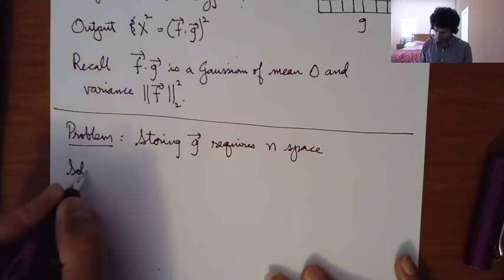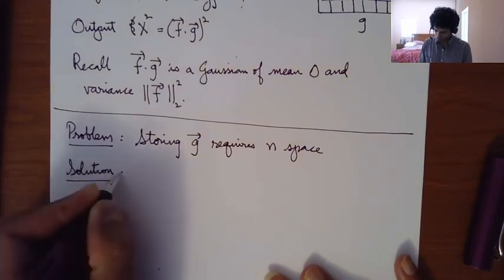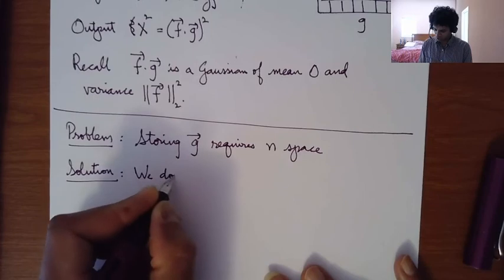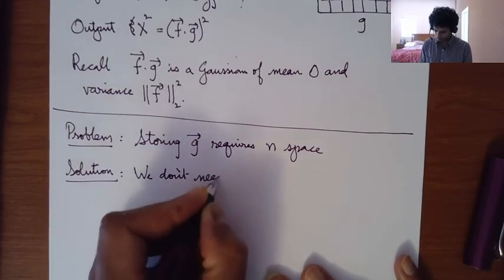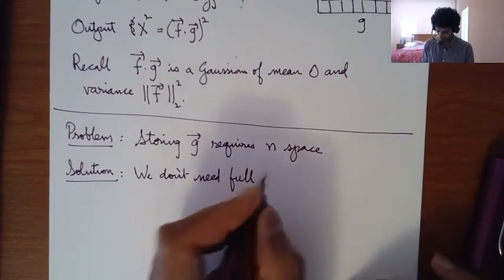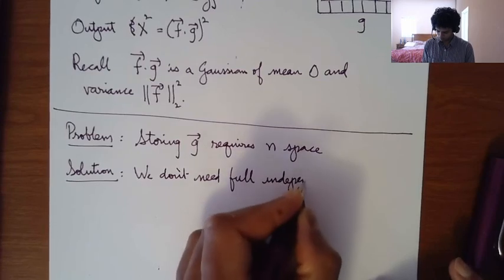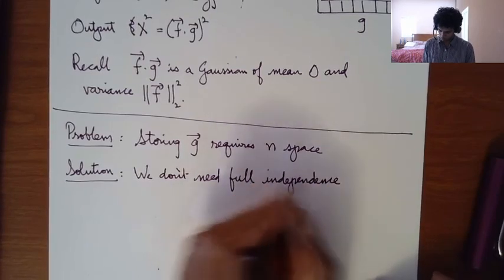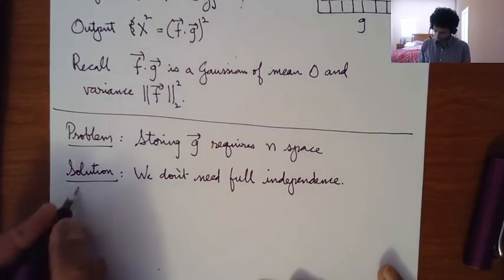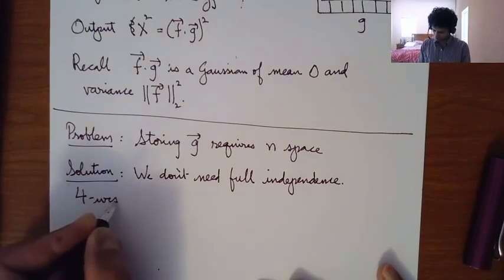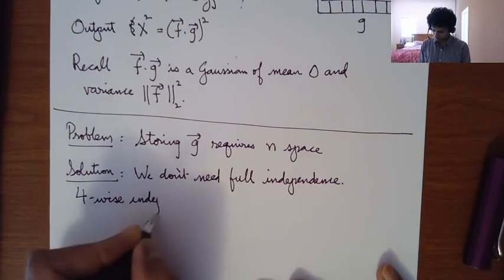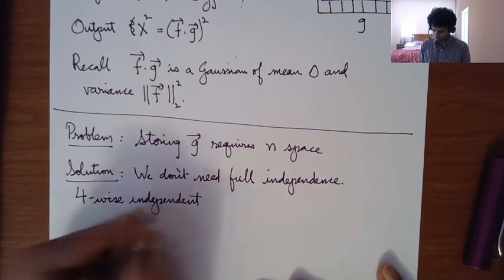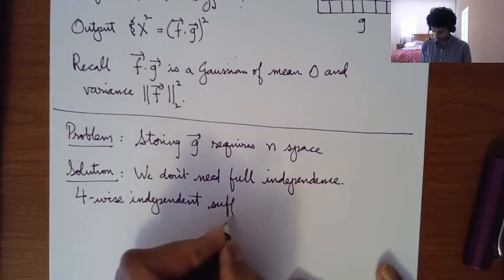So the solution is we don't need full independence. One has to look through the math a little bit, but 4-wise independence suffices.